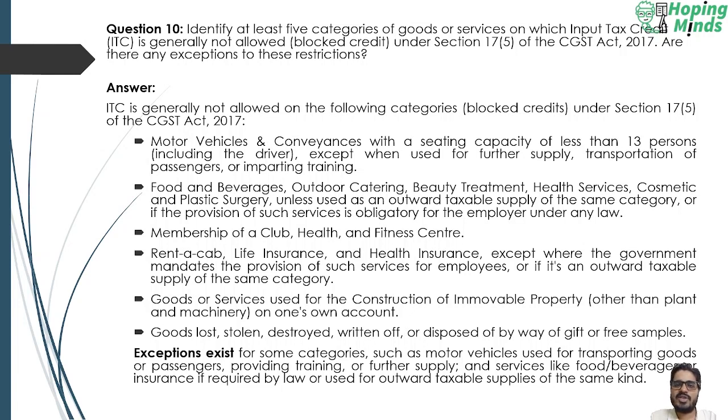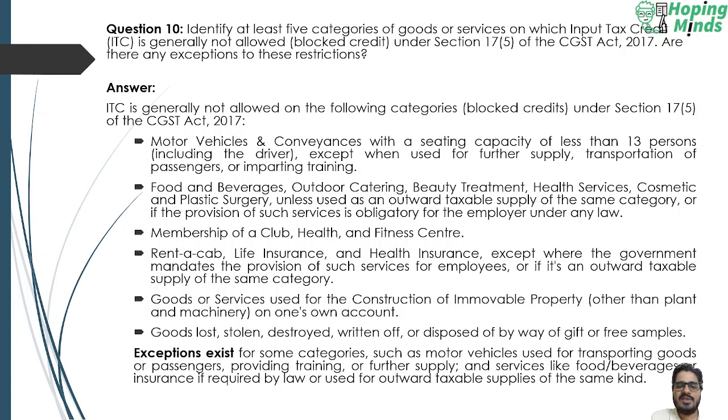So any construction or renovation of immovable property which is not meant for further sale also restricts the availment of input tax credit against the materials or the services. Then goods lost, stolen, destroyed, written off or disposed of by way of gift or free samples. In these cases also input tax credits cannot be claimed.